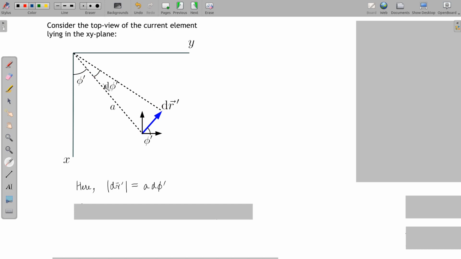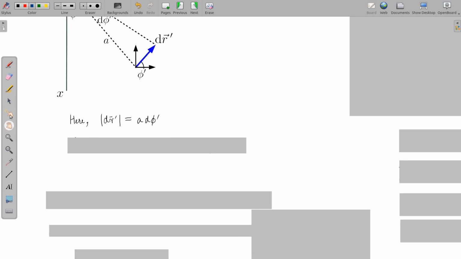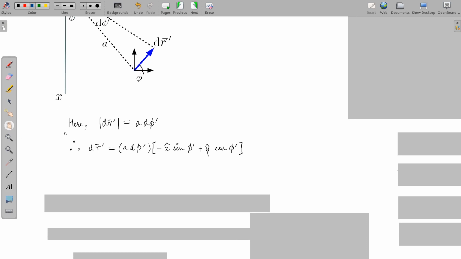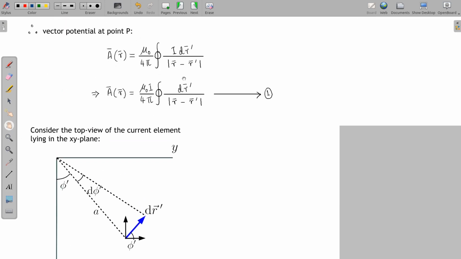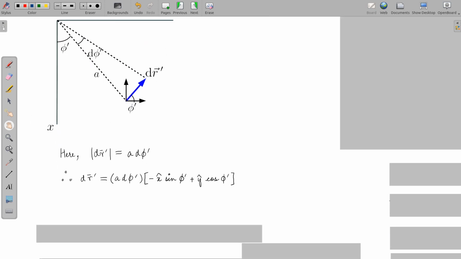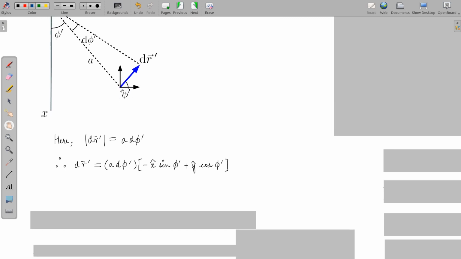The radius is a and the angle is d phi prime. So a into d phi prime, that is going to give us this length, okay. So that is your dr prime. So therefore what is dr? The vector dr prime, because we are not interested in a magnitude, we are interested in the vector dr prime. So what is that equal to? So that is simply going to be equal to the magnitude times the unit vector.